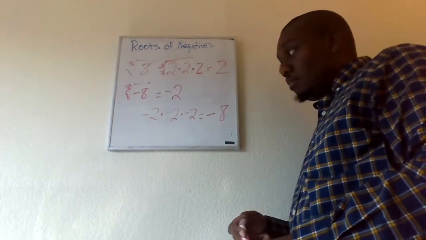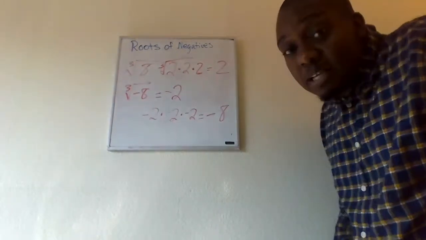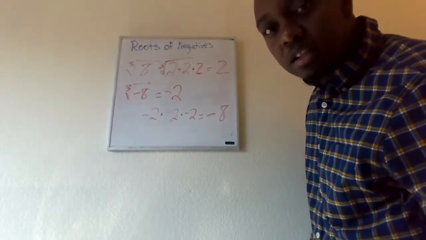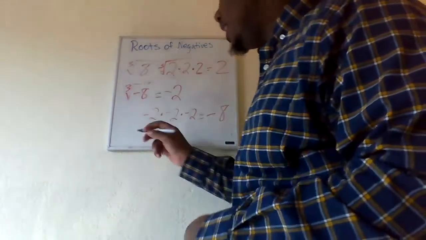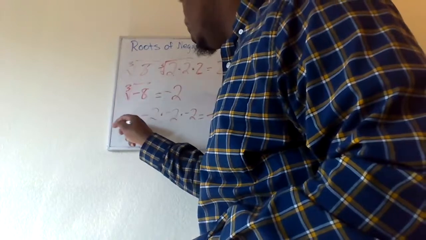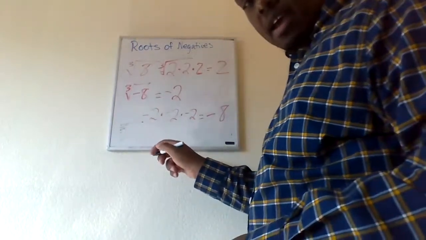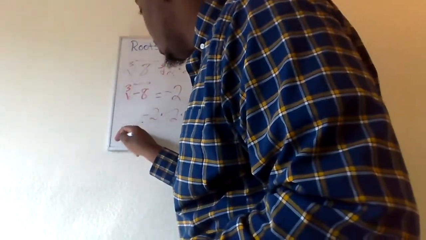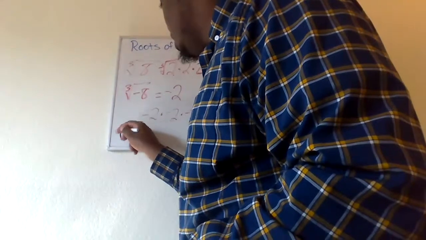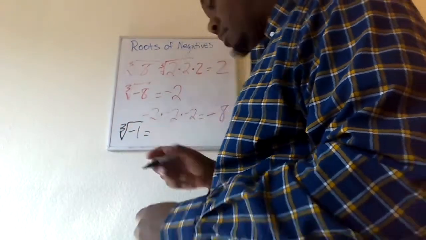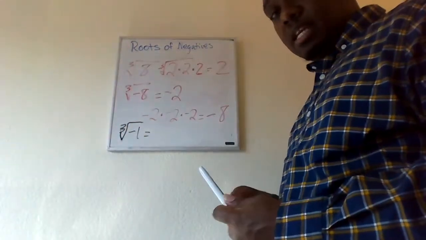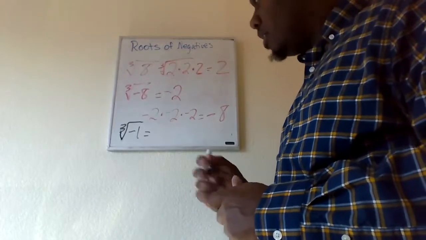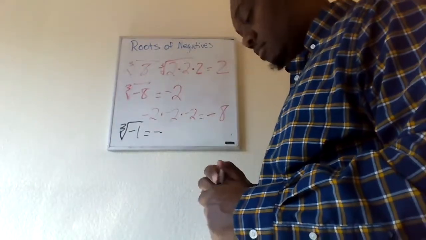All right? So just because I like you, I'll give you one more. So we have a cube root of negative 1. So as we just said, if you're taking the cube root of a negative number, your answer is negative.